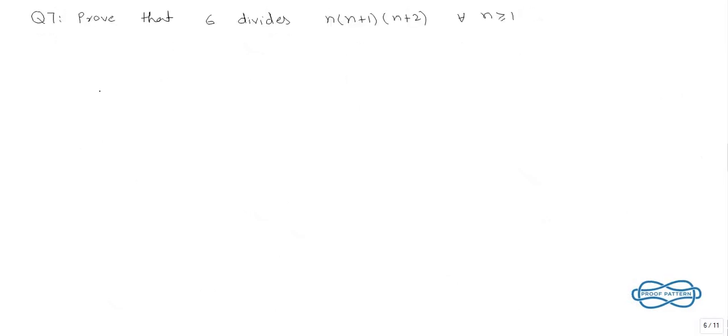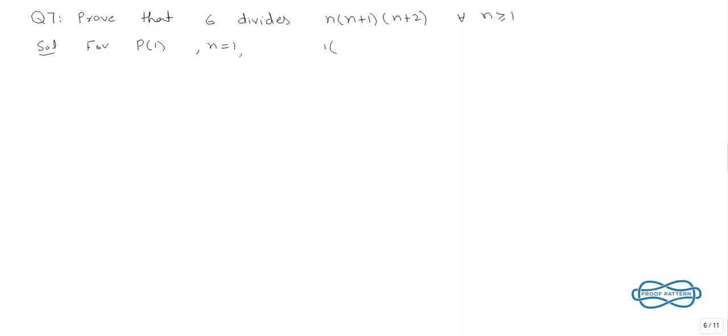Now the next question is question number 7. Prove that 6 divides n into n plus 1 into n plus 2 for all n greater than or equal to 1. It means whenever we take the product of 3 consecutive integers, the result will be divisible by 6. So we start the solution. For P1, n is equal to 1.